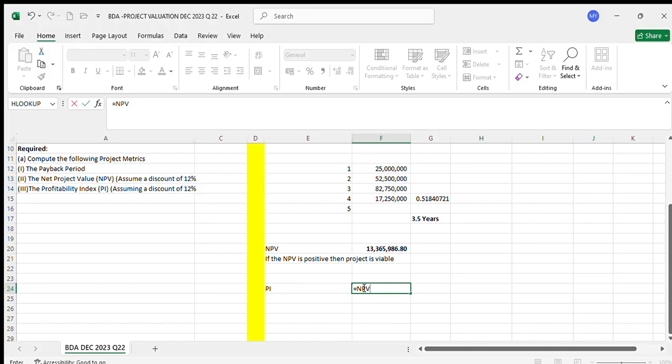So the formula for this is, I need to write the formula, which is now the present value of the cash flow over the initial investment.